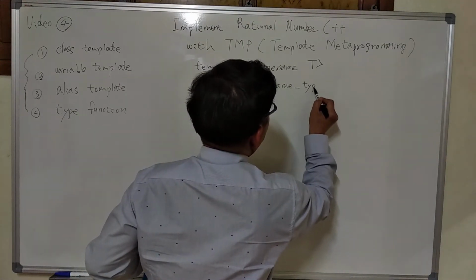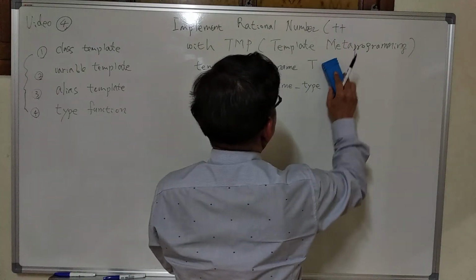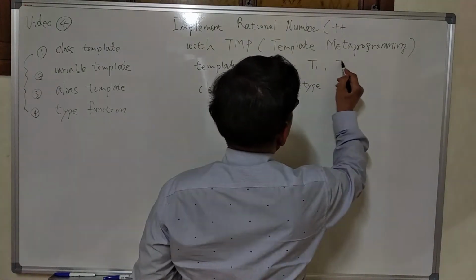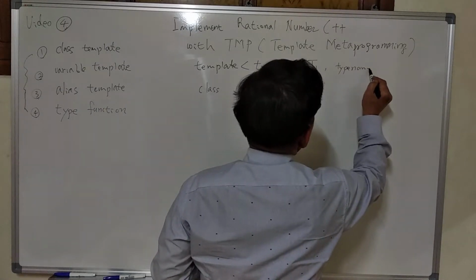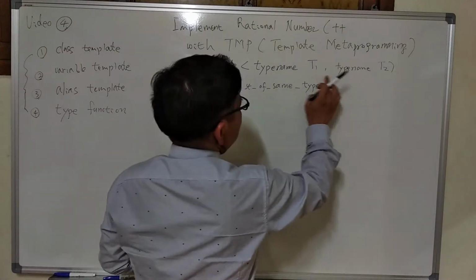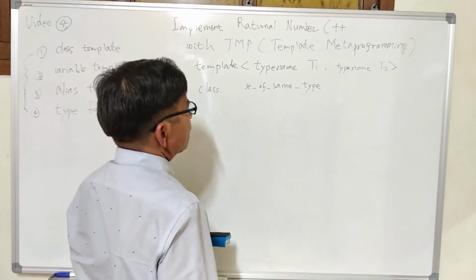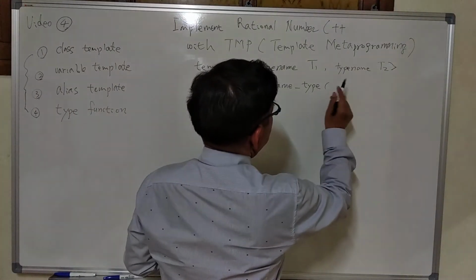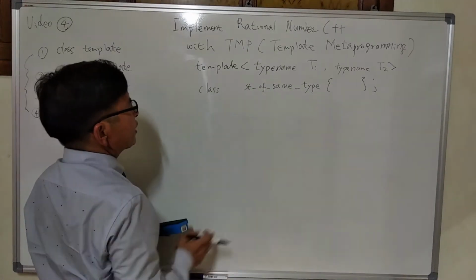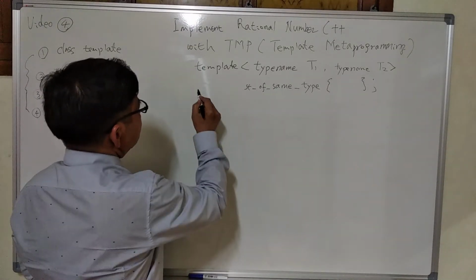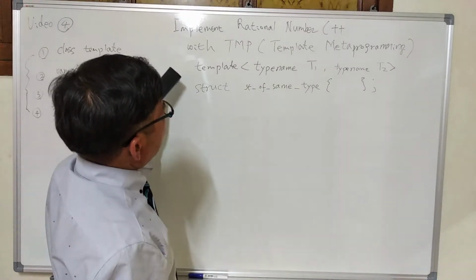For example, if we define class name like this, we will introduce one more parameter. Two template parameters T1, T2 are introduced. Then we define class template like this. Instead of using class, we can simply use a struct like this. Then this is primary template.